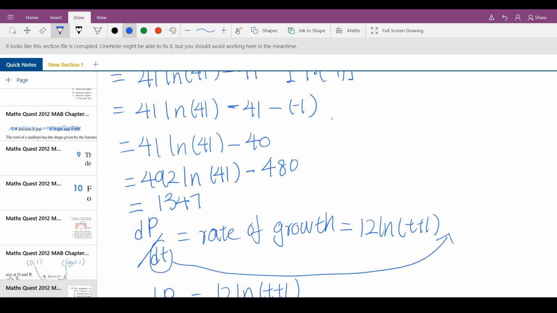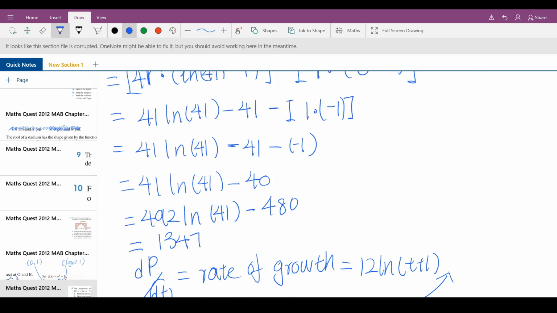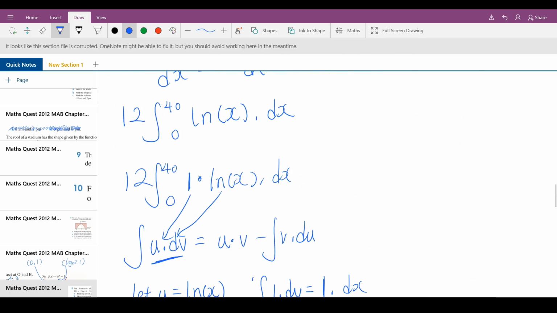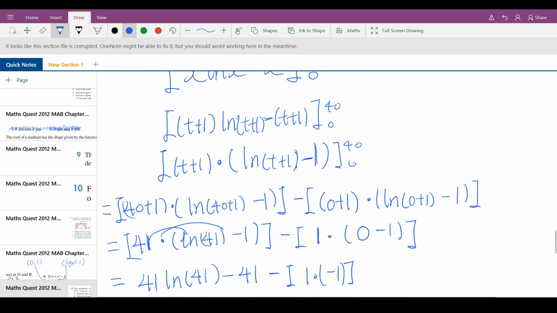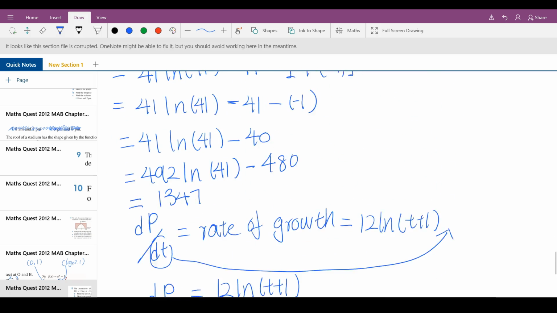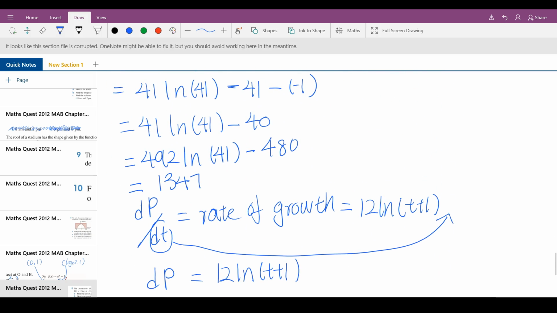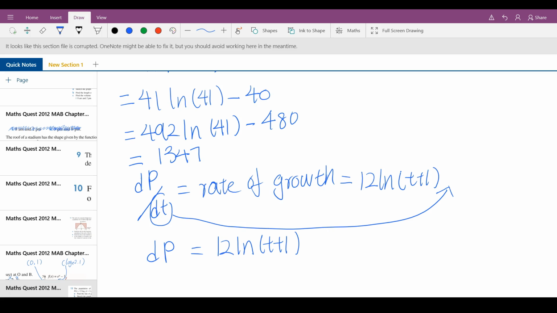Whew, I think that is still the right answer, so nothing goes wrong. Okay, please remember, don't forget whatever constant we took at the beginning. Don't make the same mistake as I did, alright? But hey, I didn't make a mistake. I realized it when I saw the dp here, dp equal to 12. I said, the 12 is missing somewhere. But anyway, 1347 is still the right answer, I think.